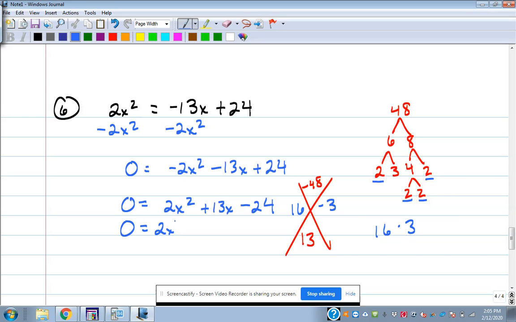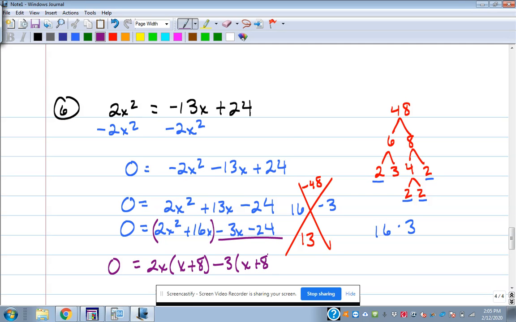So I'm going to rewrite it 2x squared plus 16x minus 3x minus 24 and group it. First two, 2x times x plus 8, minus 3 times x plus 8.